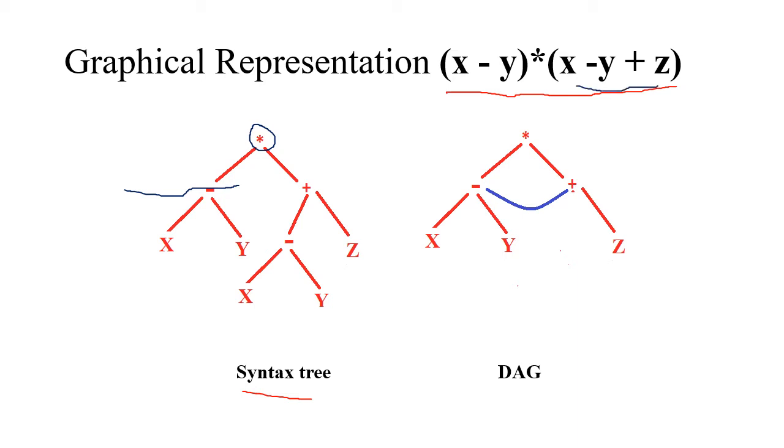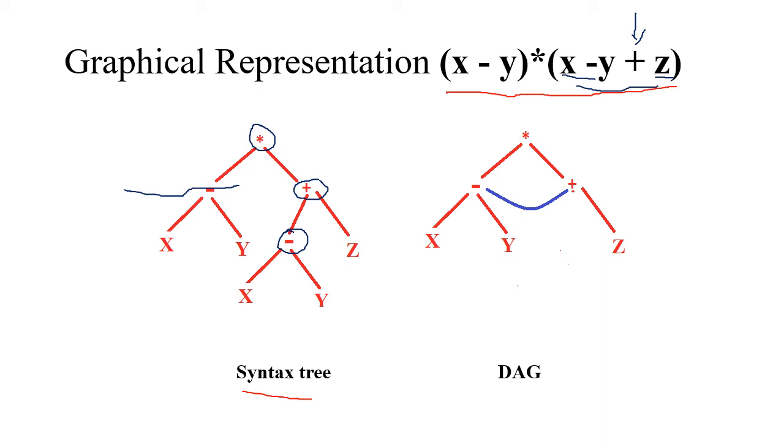This plus operator has two operands, one is x minus y, another one is z. So this plus has left operand x minus y, that means x minus y here, and the other operand is z. This syntax tree you have to construct by considering the associativity and precedence of operators, like we did in our previous class.